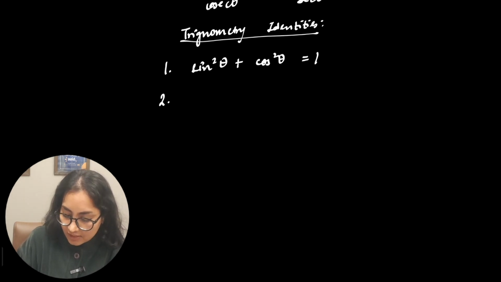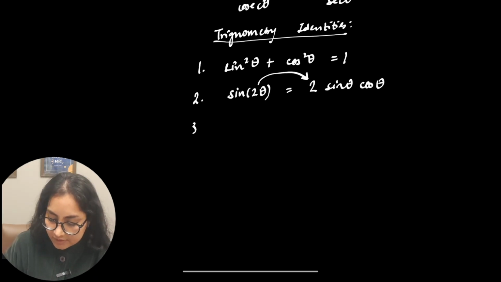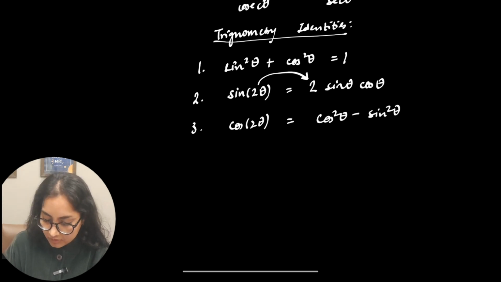The second identity says that if I double the angle inside the sine, it would give me 2 in front of, and then sine theta and then cosine theta. Third is if I double the angle inside cosine, what would it give me? It would give me cosine square theta minus sine square theta.